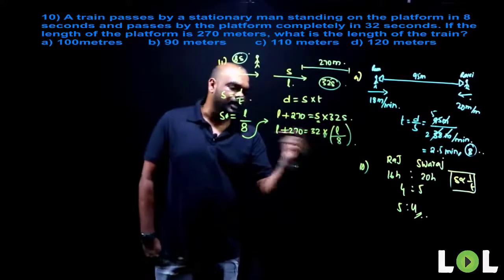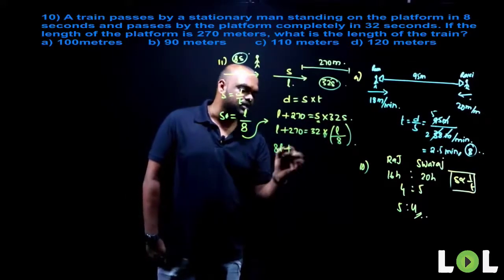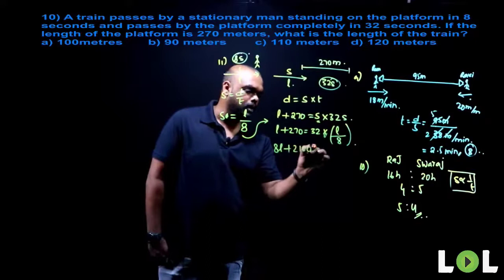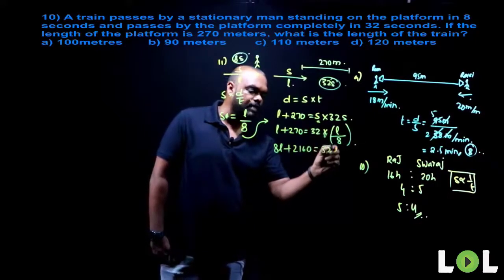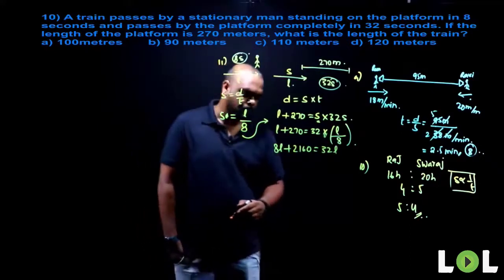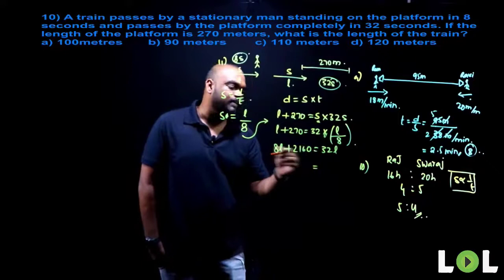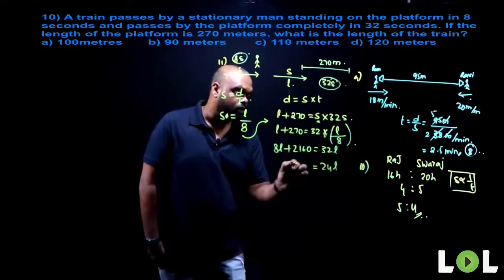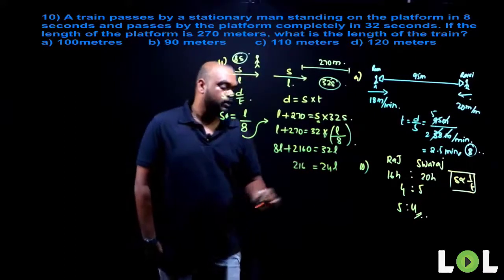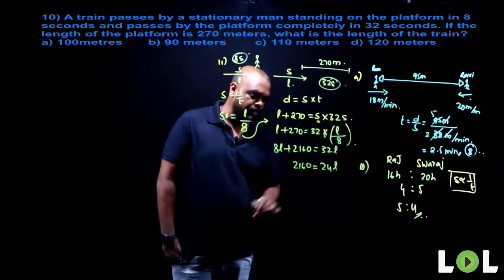So just cross multiplication. 8 into L is 8L, plus 8 into 270, that will be 2160, equal to 32 into L, that is 32L. Am I right? Yeah. Next, what happens? So 8L goes to the other side. 32L minus 8L is 24L, that equals 2160. Now 24 into, 6 is 0 is there. I'm sorry.